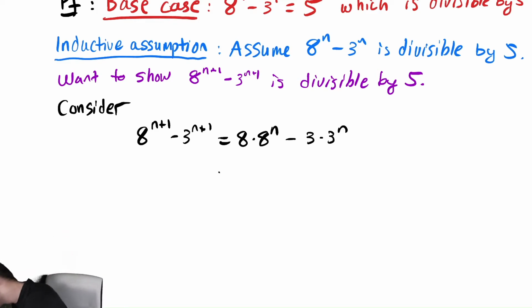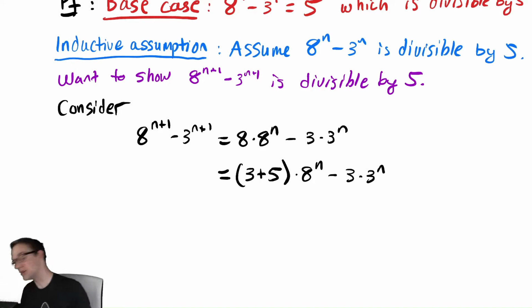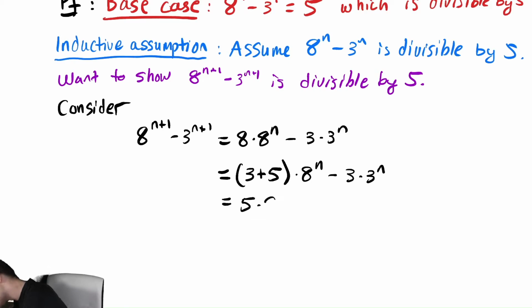So instead, what we're going to do is rewrite that 8 in a sort of funny way as 3 plus 5, times 8 to the n, minus 3 times 3 to the n. And then I'm going to distribute the 8 to the n, and we get 5 times 8 to the n plus 3 times 8 to the n minus 3 times 3 to the n.